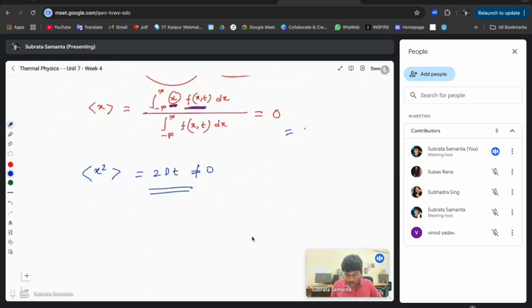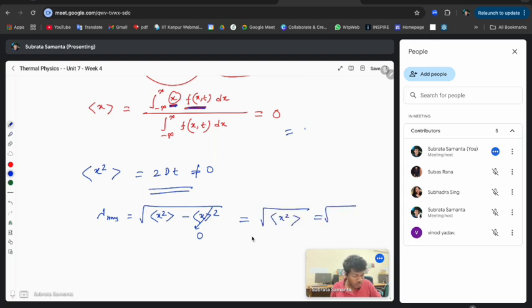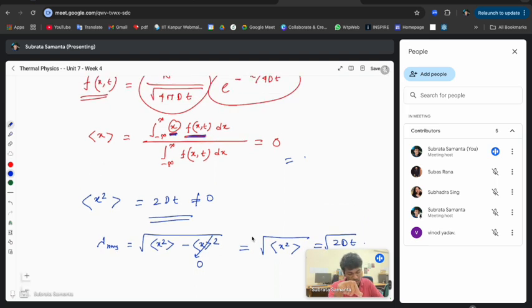The root mean square distance, λ RMS, is the square root of the x² average minus the square of the x average, which is the square root of 2Dt. So the RMS distance is not 0, even though the average distance is 0.